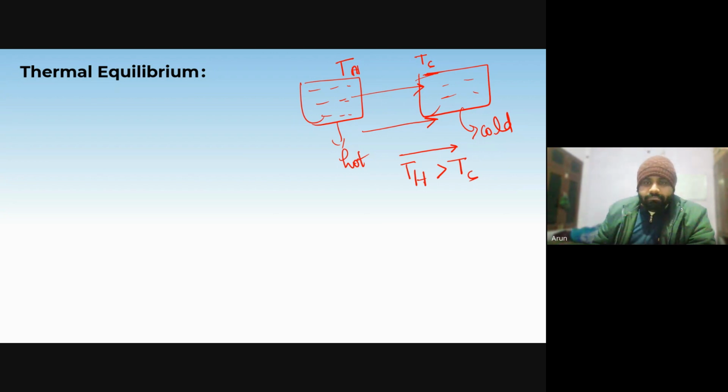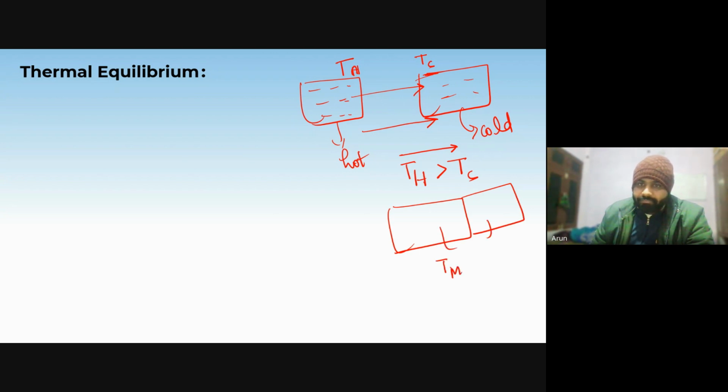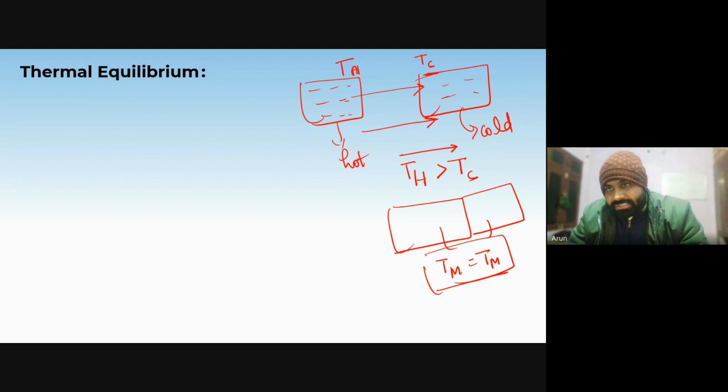After some time, the temperature of both the systems will become the same, let's say a temperature in between. Now the temperature of both the systems will remain the same. If you put the thermometer in that and measure the temperature, it will be the same for both.